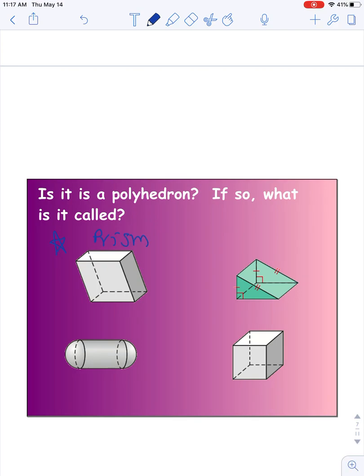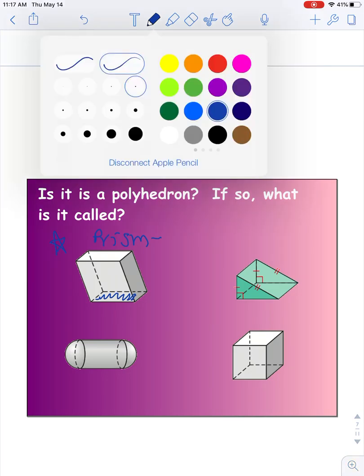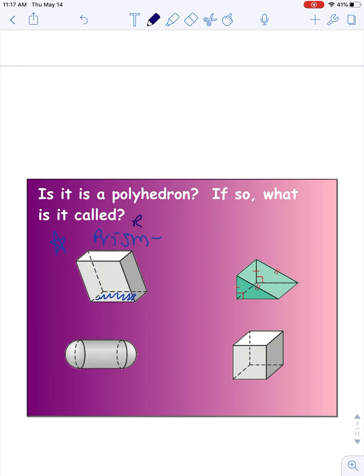Okay, and what kind of prism? Well, it depends on the shape of its base. Now, it looks like right here, it looks like a rectangular prism. It looks like a rectangular bottom. So I am going to make a leap that this is a rectangular prism. Okay, we do know that it's a prism.